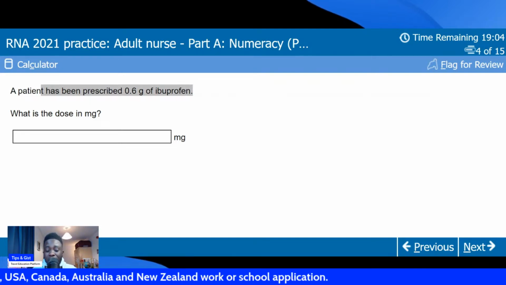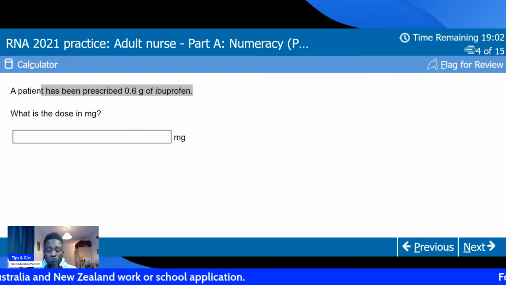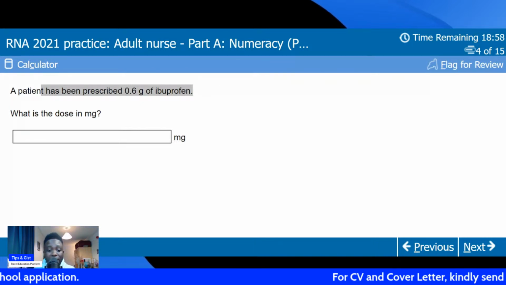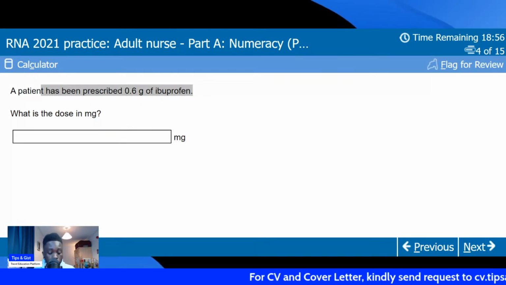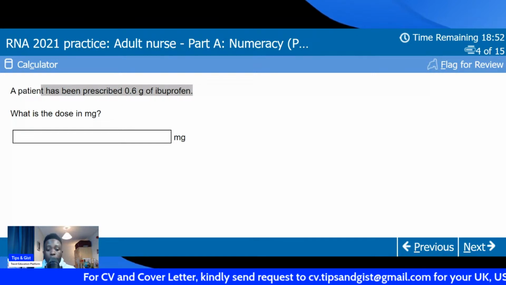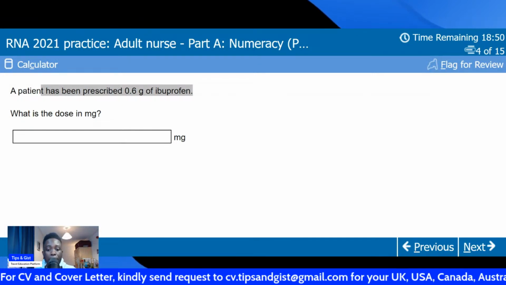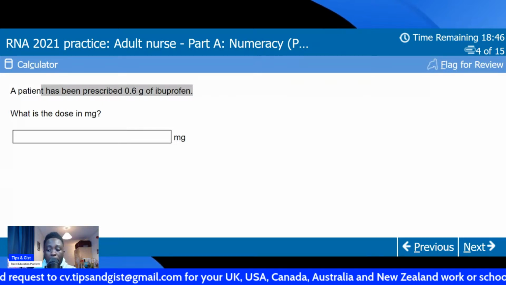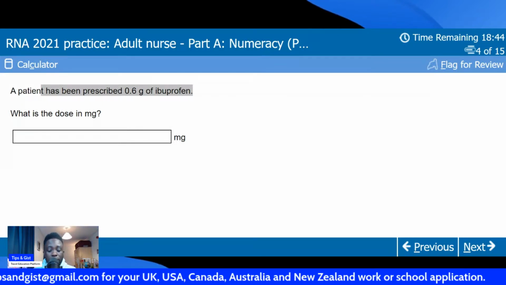And therefore 0.6 gram will be 0.6 multiplied by 1000. And then you are going to get 600 milligram.